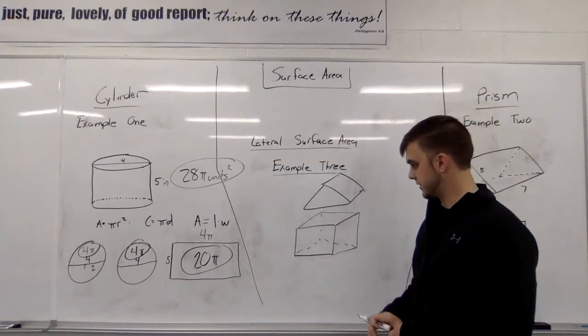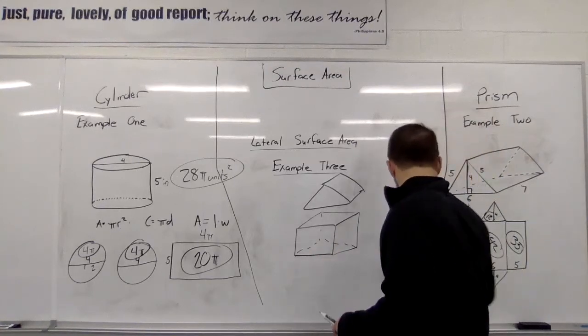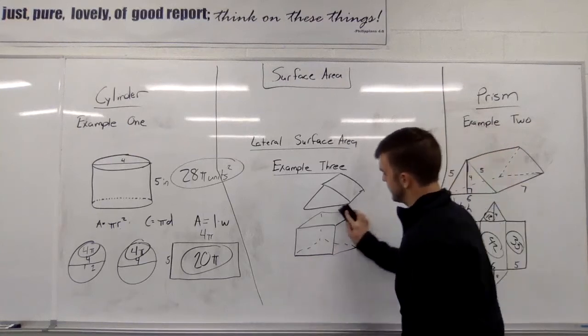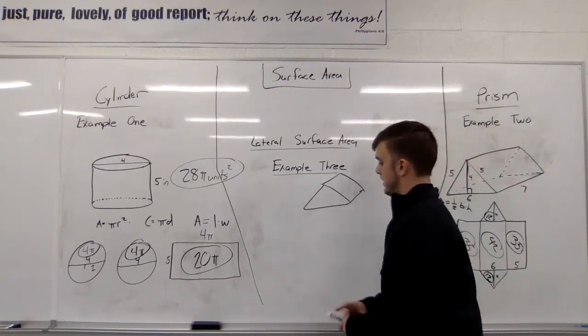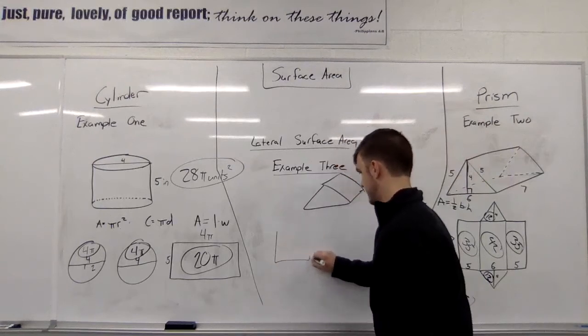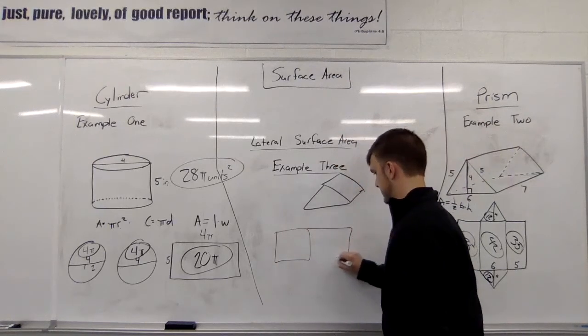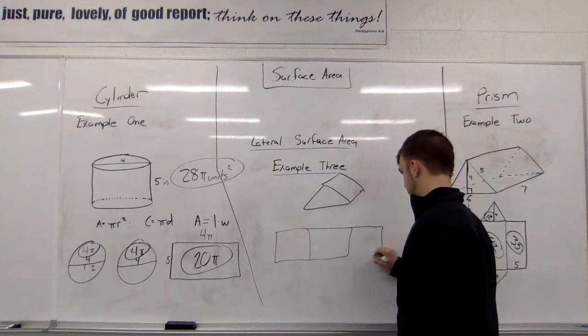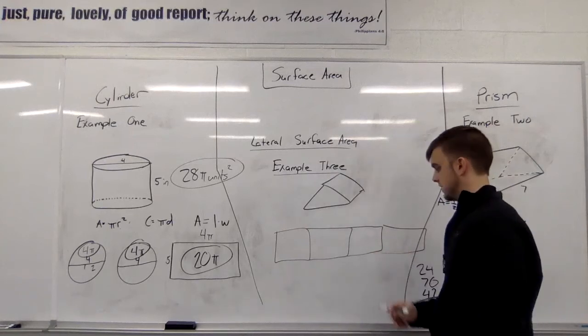So there's a way you could do this. You could lay it flat. Let me grab my eraser here. If you would lay all these walls flat, you would get a shape roughly like this.